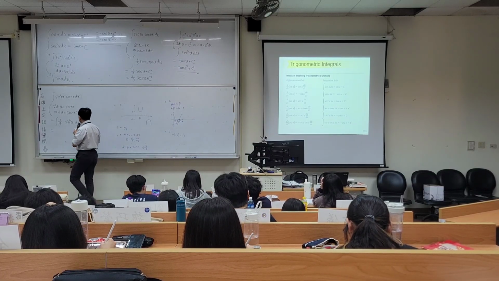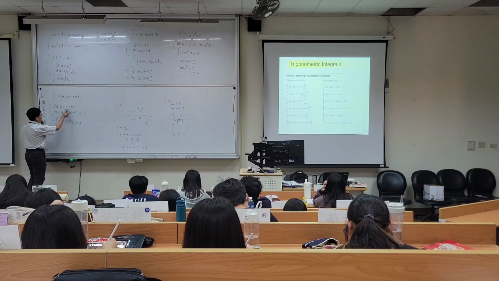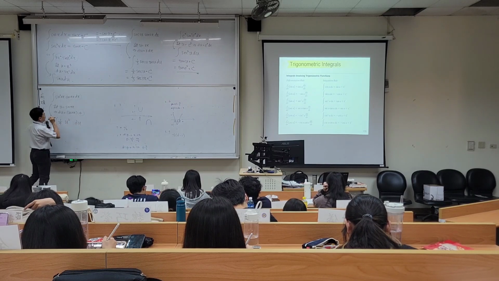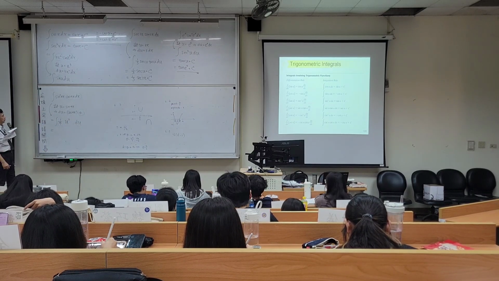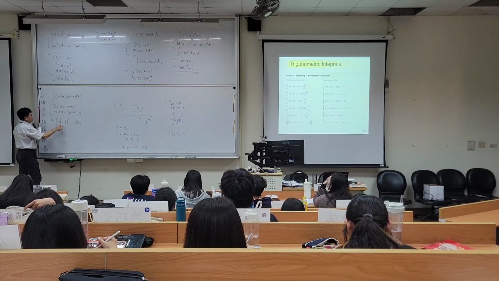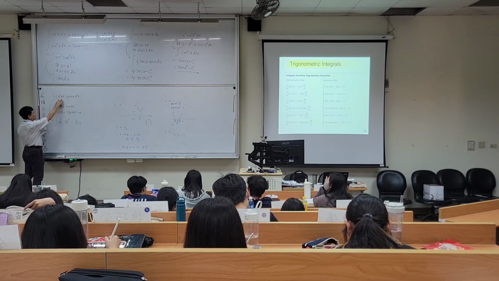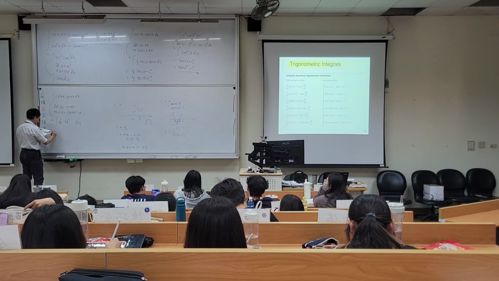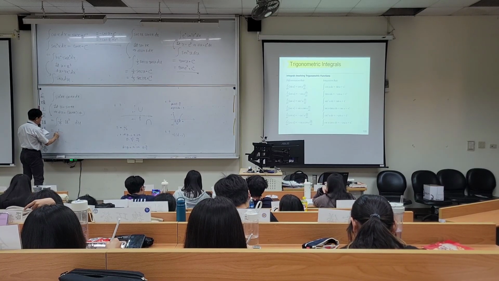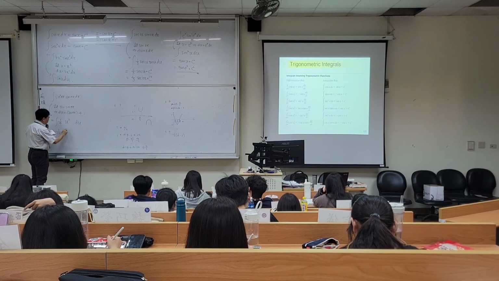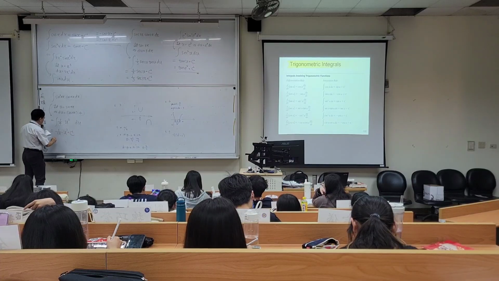No, it's not. Sorry. Because u is sine 4x, so here will be u squared. Okay, yeah. So u is sine 4x. So this will be u squared du. So I get 1/12 u to the 3 power plus a constant.